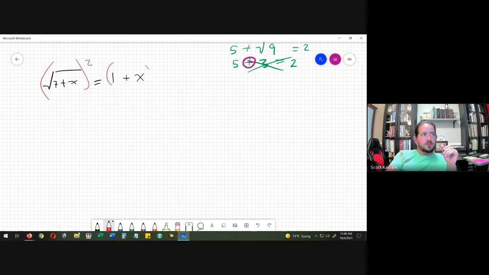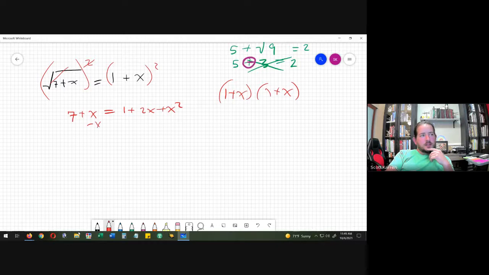So I'll square both sides. Squaring the root just turns it into what's under it. But squaring 1 plus x is taking 1 plus x and multiplying it together. So that's going to give me 1 plus 2x plus x squared.